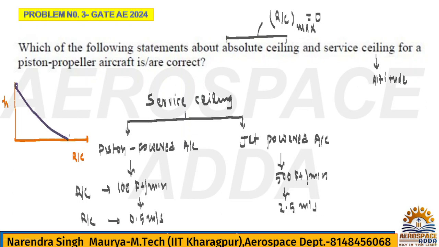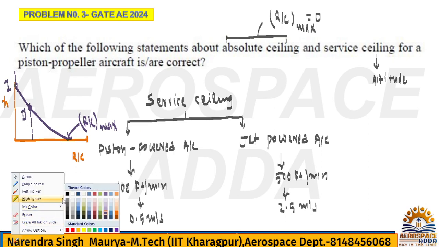This is the R by C max. So 2 points I'm taking. This is 0.1, this is 0.2.